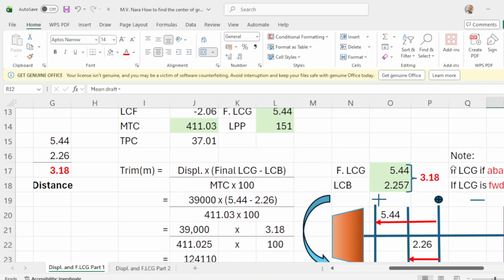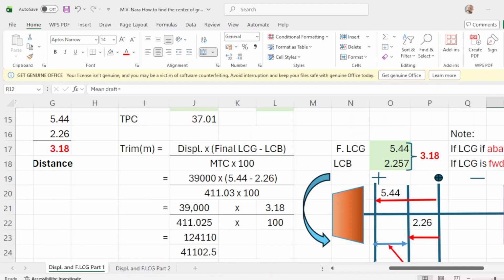So transposing the formula, 39,000 times 3.18, over your MTC of 410.225 times 100, which is 41,022.5. Multiply 39,000 times 3.18, that will be 124,110.